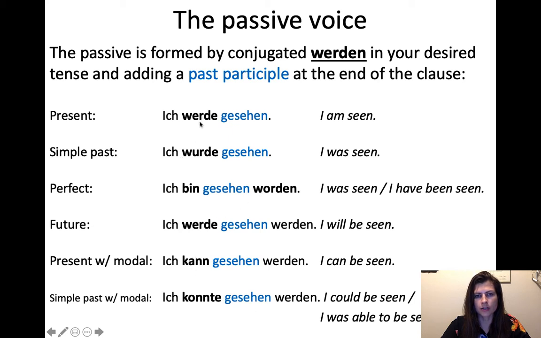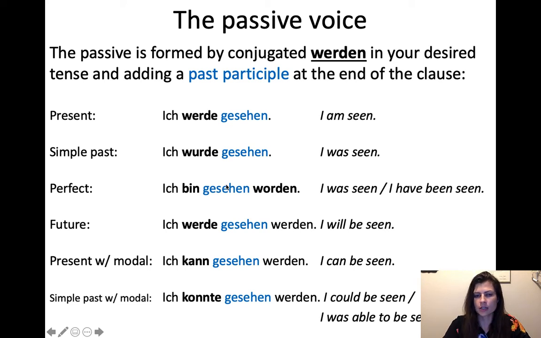So ich werde is present tense, I become, and ich wurde is I became, and ich werde werden is I will become, right? So you have to know how to conjugate werden in all of these different verb tenses, and then once you know how to do that, you just stick the past participle along with it, and that's how you're going to make the passive.